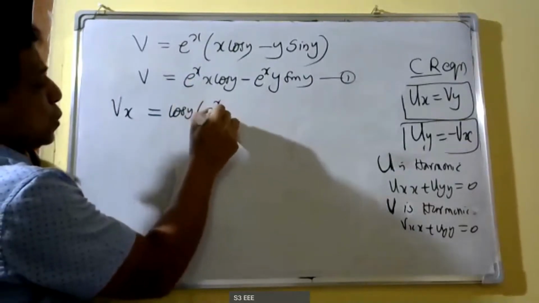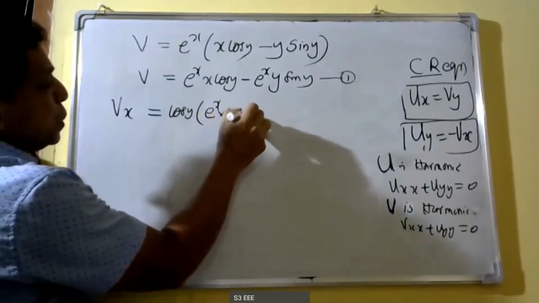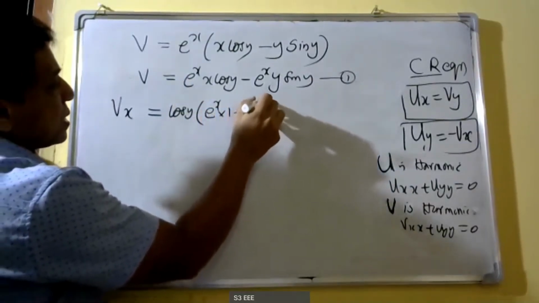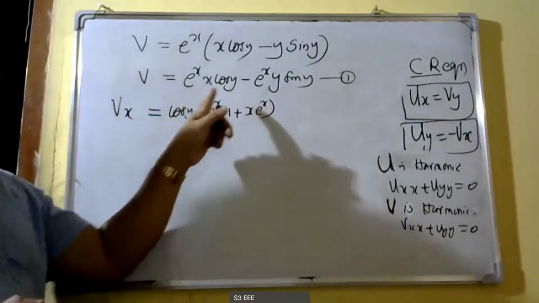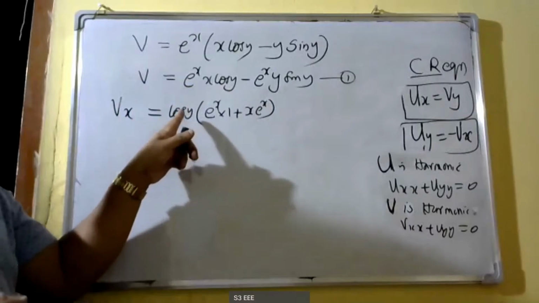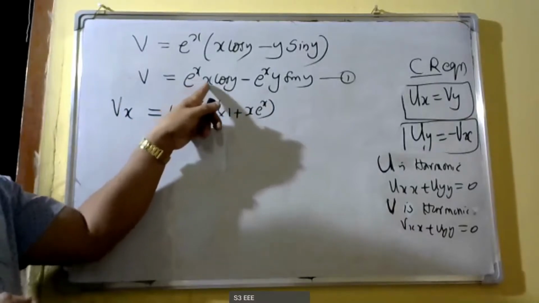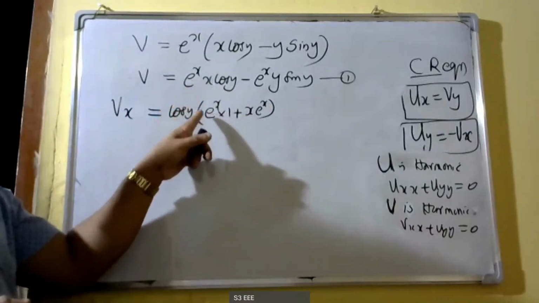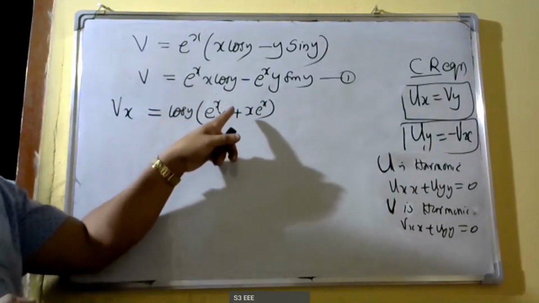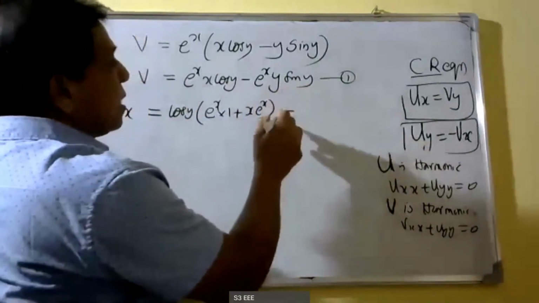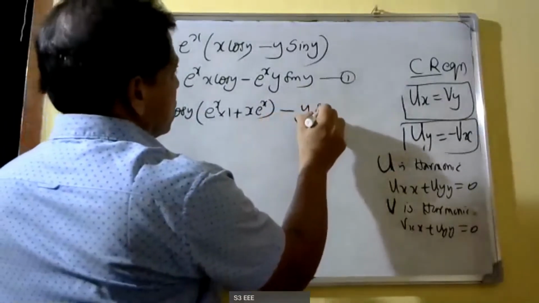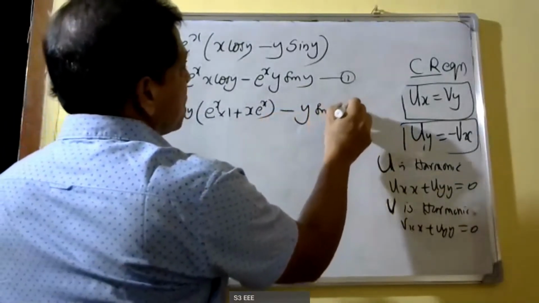Therefore, e raised to x into 1 plus x into e raised to x. Here, cos y is taken outside. Apply the product rule for differentiation: e raised to x into 1 plus x into e raised to x, minus. Here, y sin y is constant, so y sin y into e raised to x.